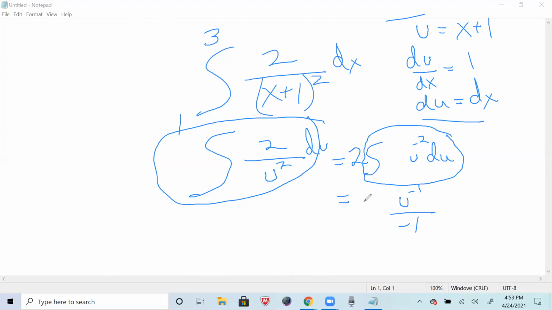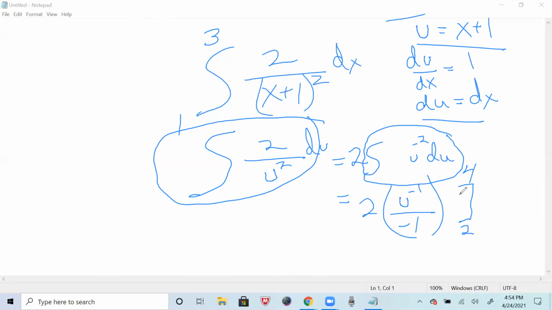I still have my 2 out there like that. And I'm going to evaluate this at the new limits of integration. Well, when x was 1, u was 2, right? Based on this up here. So instead of going from 1 to 3, I'm going to go from 2 to 4 when I turn it into an integral of u.